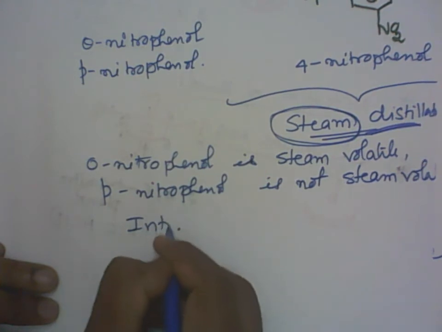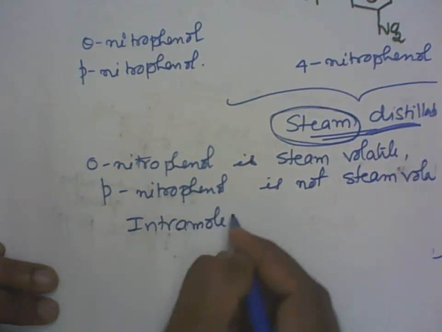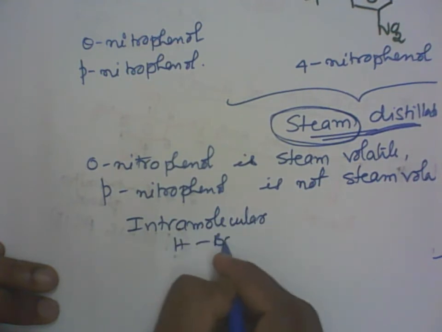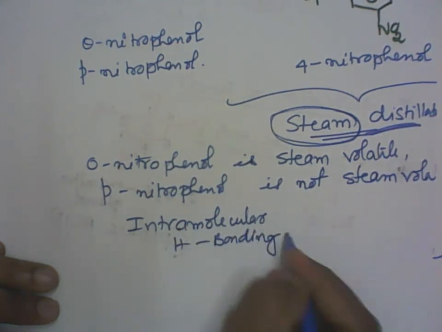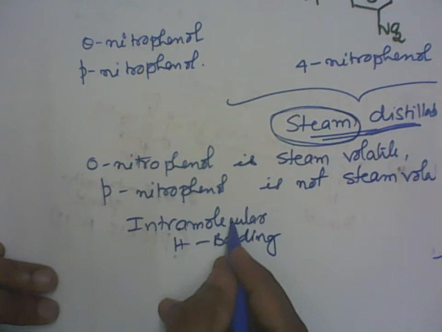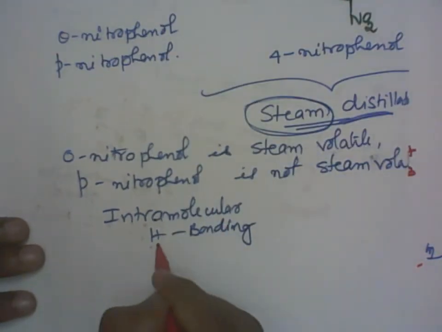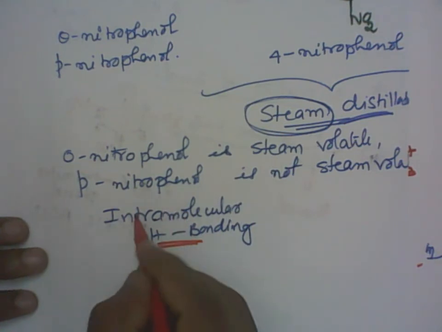One is called intramolecular hydrogen bonding. What do you mean by intramolecular hydrogen bonding? It means there exists a hydrogen bond within the molecule.